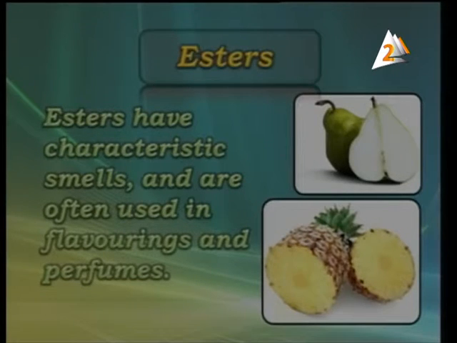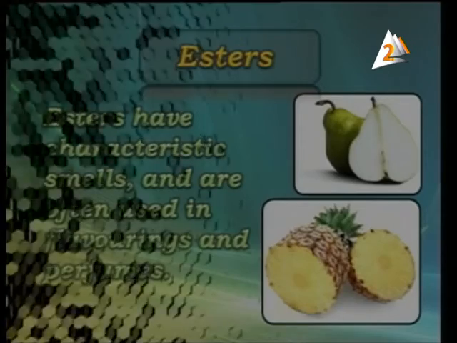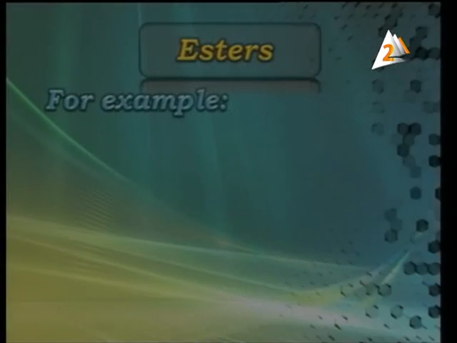Why? Because this compound is produced from the carboxylic acids found in fruits, flowers, and many types of vegetables.